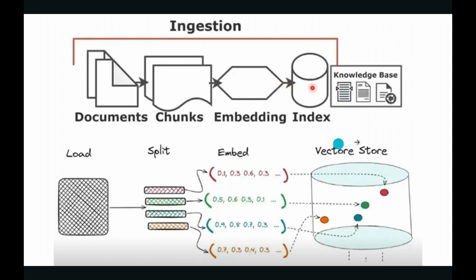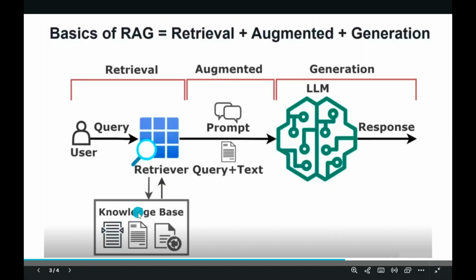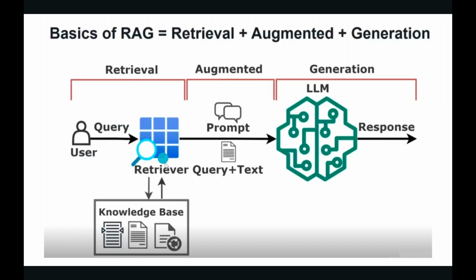Next, we'll use the knowledge base in the RAG agent. RAG is abbreviated as Retrieval Augmented Generation. A user query is given to the RAG module. The RAG module fetches the related content from the knowledge base with the help of similarity search. This part is called retrieval. After retrieval, the user query and related content are given to the prompt.